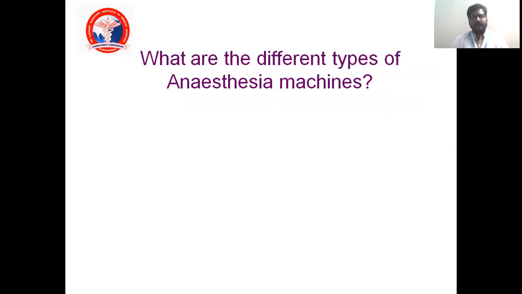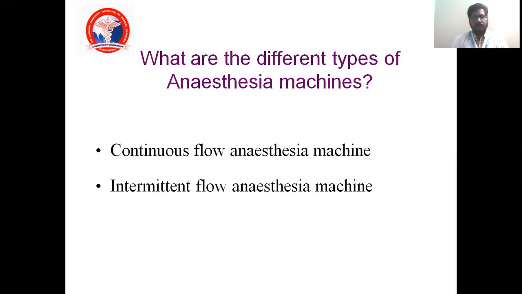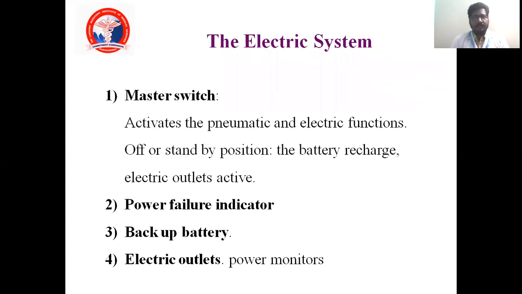Now, coming to different types of anesthesia machine. In early days, there were two broad classifications of anesthesia machine: continuous flow anesthesia machine and intermittent flow anesthesia machine. The continuous flow anesthesia machine, which we are using in Boyle's apparatus and anesthesia workstation, contains an electrical system and a pneumatic system.